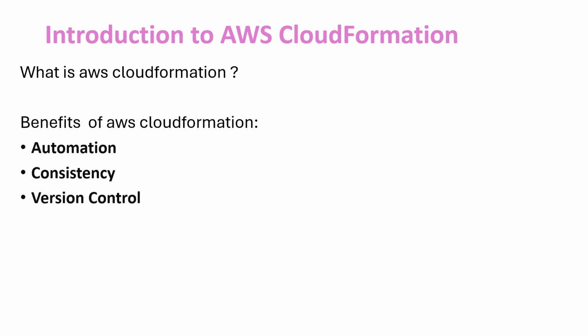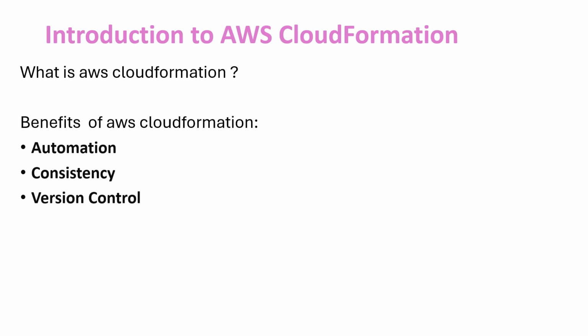So, what is AWS CloudFormation? AWS CloudFormation is a service that enables you to model, provision, and manage AWS resources using code. It automates the process of setting up and configuring AWS resources, ensuring consistency and reducing the potential for human error.